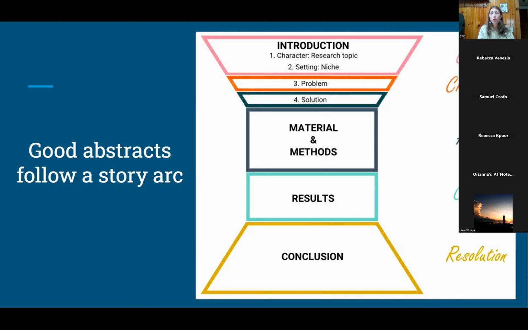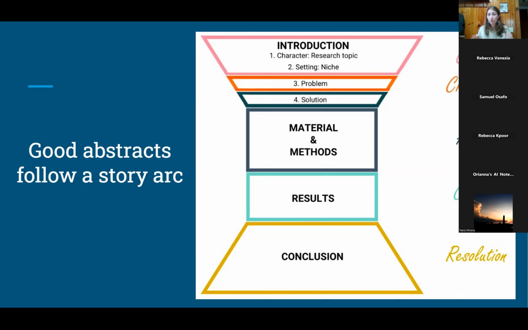This includes an opening, setting the topic and what we're going to be talking about generally, and then moving into the challenge or the problem that we're trying to address. And then you go into the action, where, what did you actually do to try to address that problem? And then the climax, like a story climax, is everything that happens.